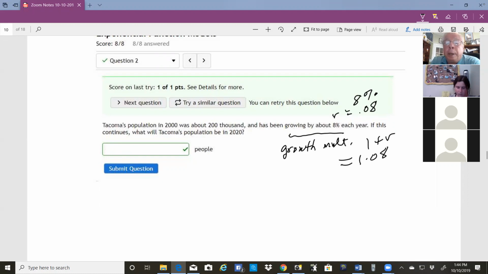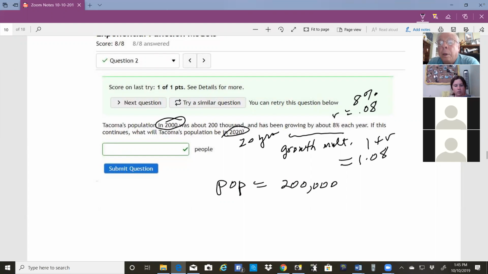So the difference in the times of 2000 and 2020 is 20 years. So the population will be what you started out with, which was 200,000, times 1.08 to the 20th power.